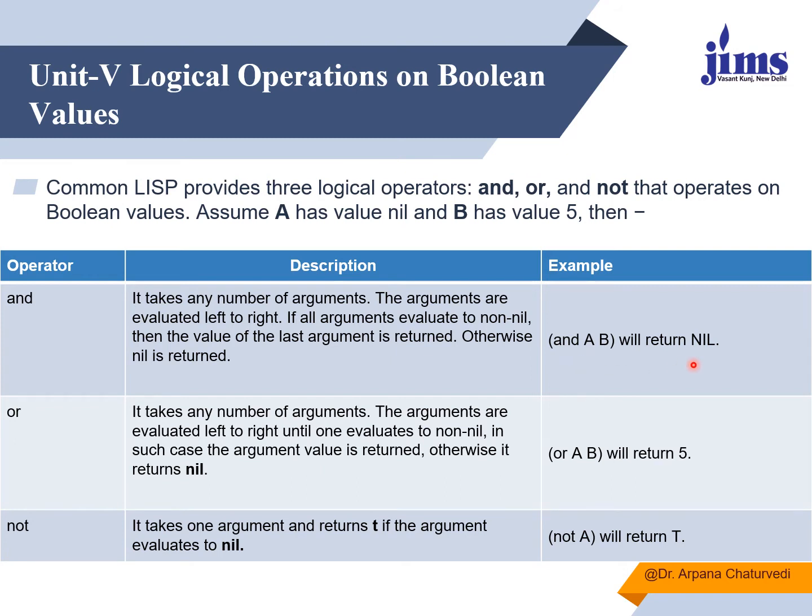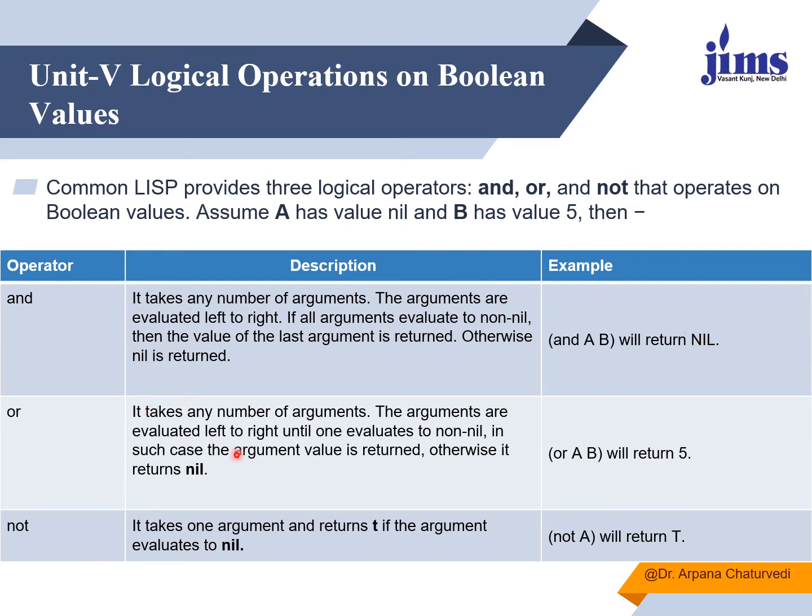So it will return nil, because it is clearly written here that only if all arguments evaluate to non-nil will it return the last argument. Otherwise, if any of them is nil, it will return nil. And here one argument is nil and another is 5. That's why it will return nil.